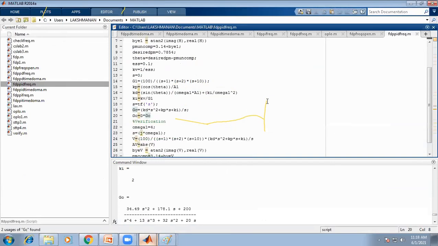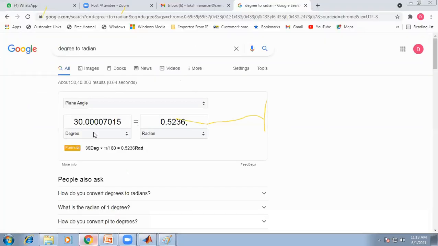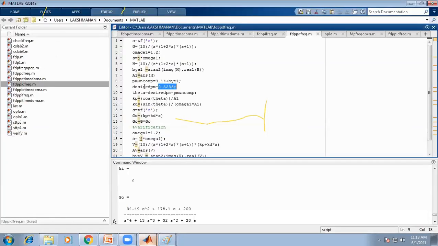This is PID, then PD. Here the desired phase margin equal to 0.52, I'm giving. So that actual degree is 30 degree. So this program is for a PD controller, the desired phase margin equal to 30 degree, then omega 1 equal to 1.2.